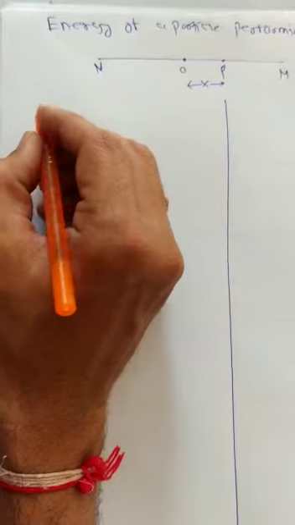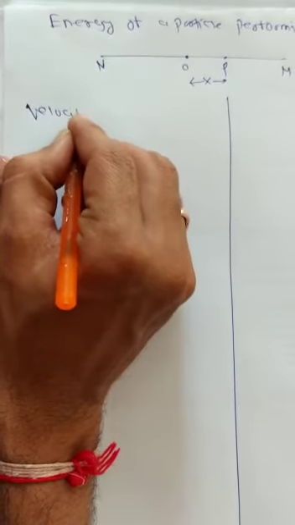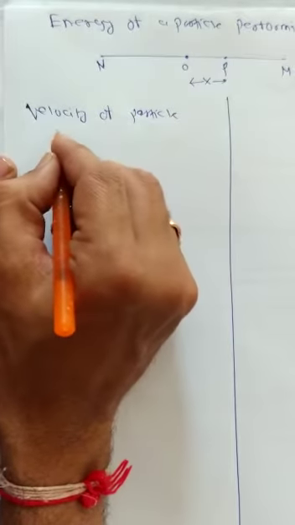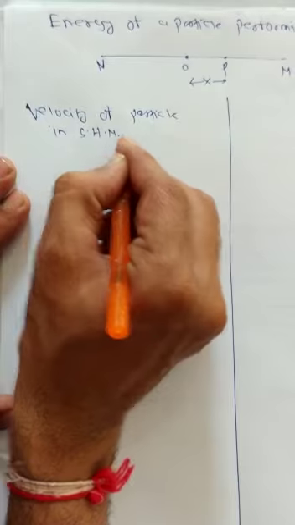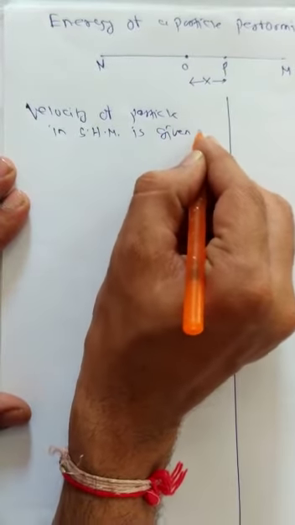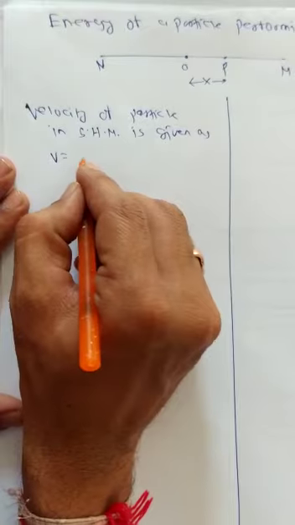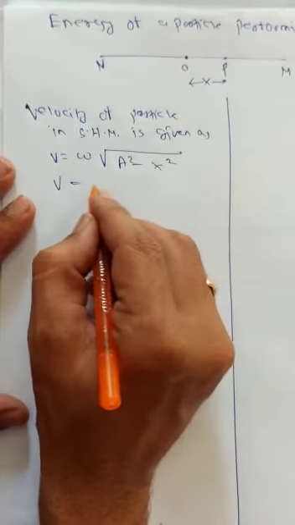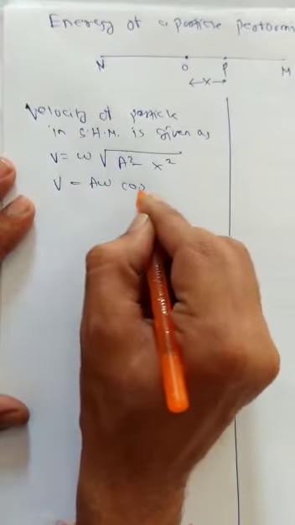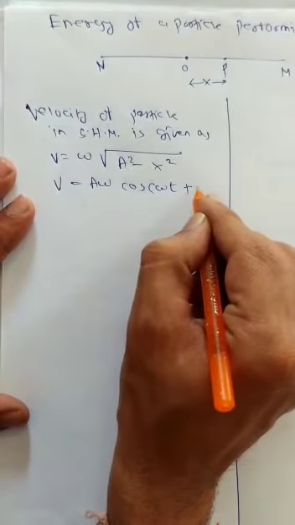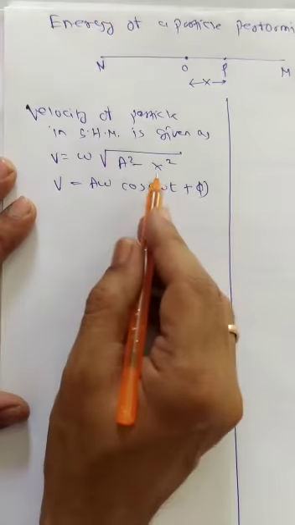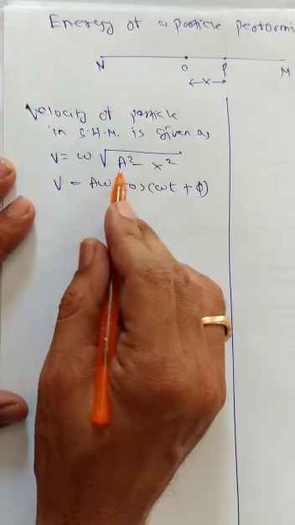The velocity of a particle in SHM is given as v is equal to omega under root of a square minus x square, or v is equal to a omega cos of omega t plus phi. This is nothing but velocity. Here x is displacement and a is amplitude.